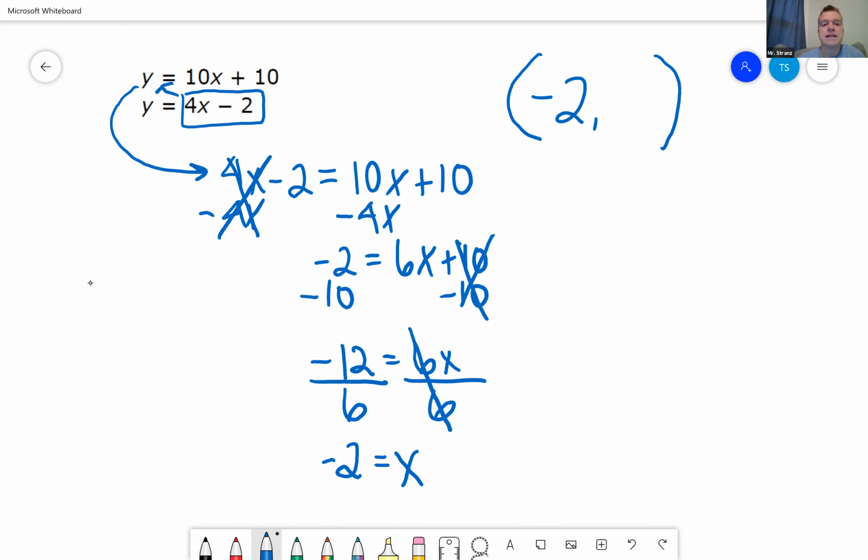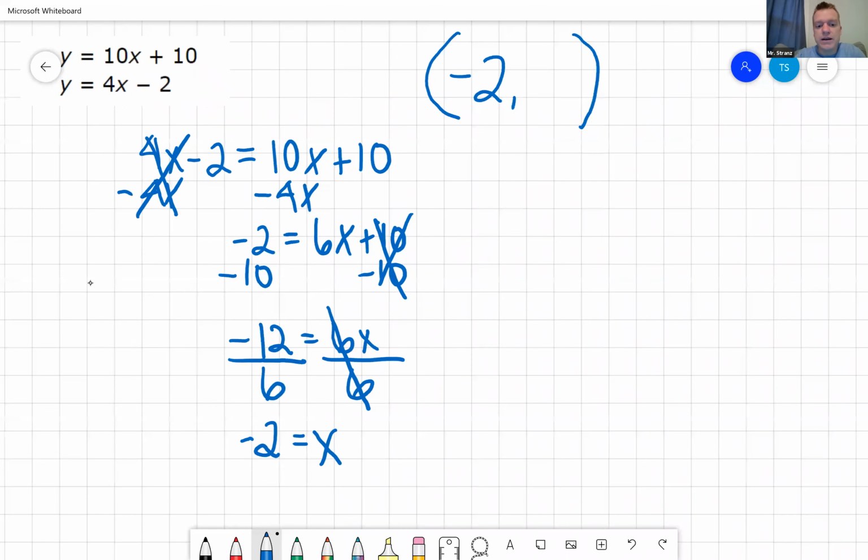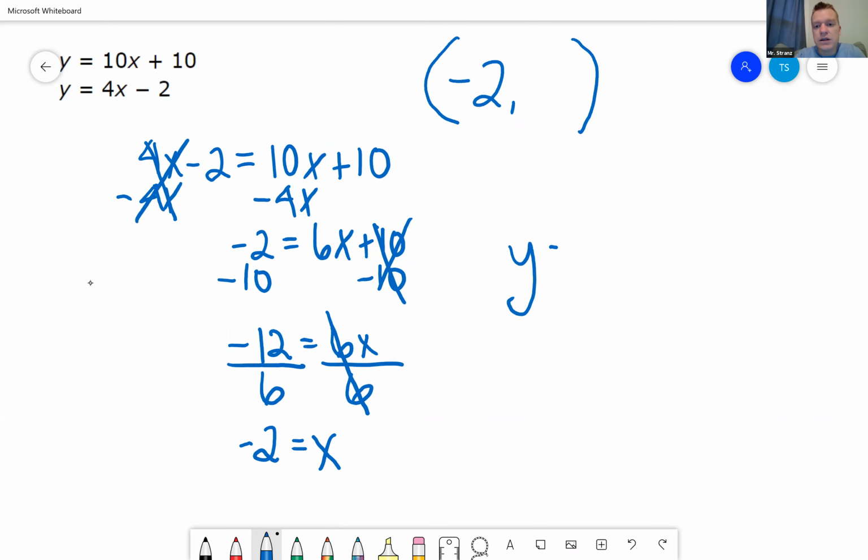I have to figure out what y is now. To figure out what y is, I'm going to plug my x back into one of these equations. It does not matter which one. You could do the top one or you could do the bottom one. That way I'll be able to find out my y. So I'm going to take my x coordinate, negative 2, and plug it into the bottom one. y equals 4x minus 2. So y equals 4 times my new x, which was negative 2, minus 2.